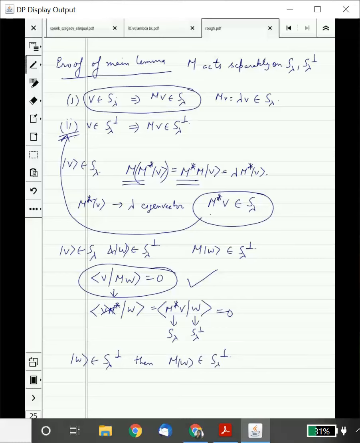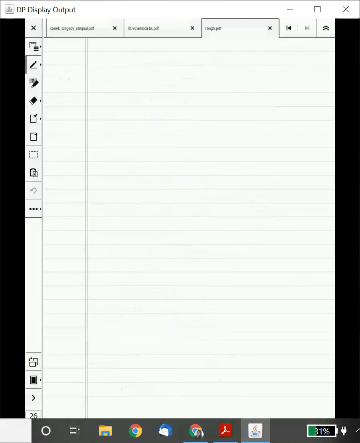Remember, what did the main lemma say? That M acts on S lambda and S lambda perp separately. Using this main lemma, the proof of spectral decomposition is basically by induction. How? Let me give you an idea. I will find one root of the characteristic polynomial.